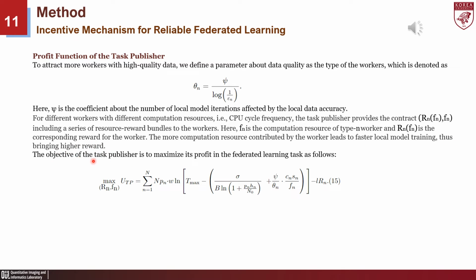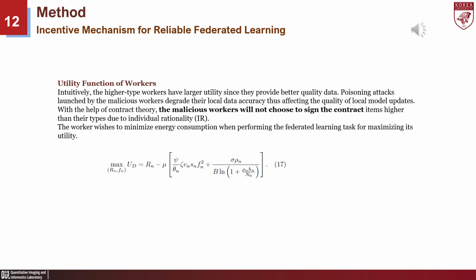The objective of the task publisher is to maximize its profit in the federated learning task, as in function 15. Utility function of workers: intuitively, the higher type-θn workers have a larger utility since they provide better quality data. Poisoning attacks launched by malicious workers degrade their local data accuracy, thus affecting the quality of local model updates.